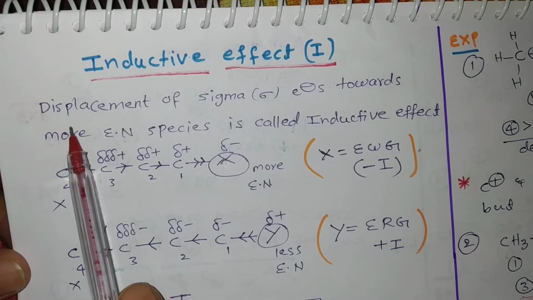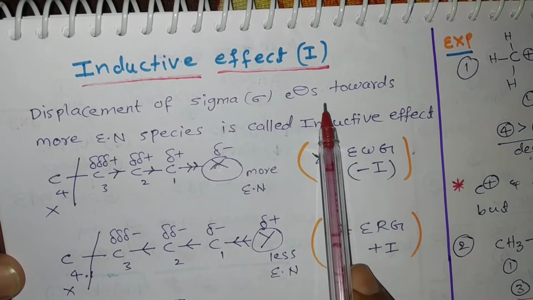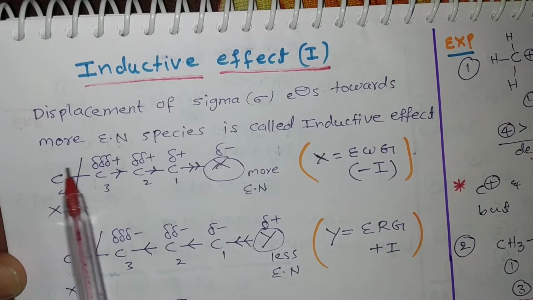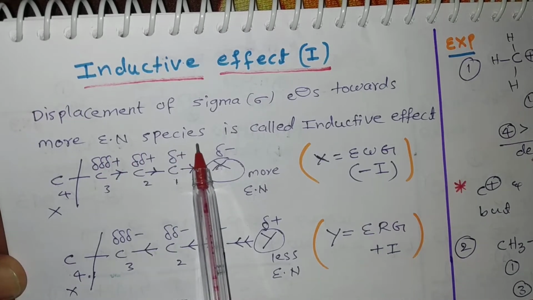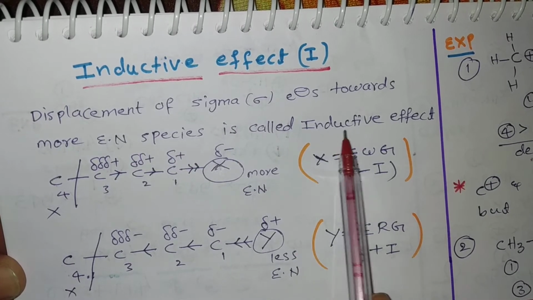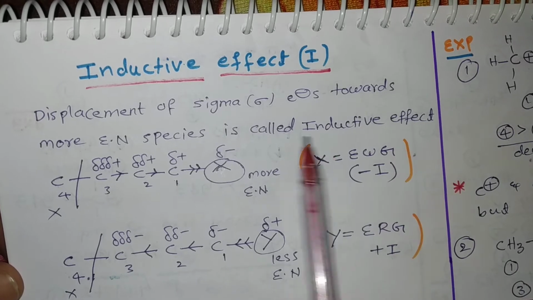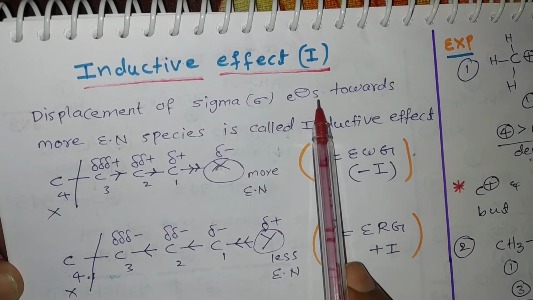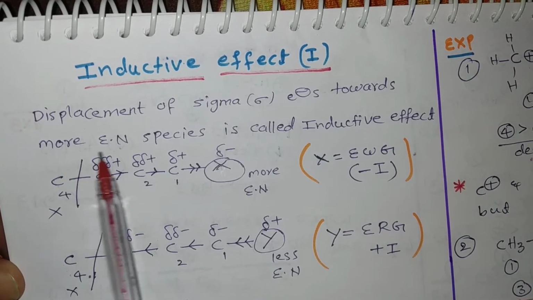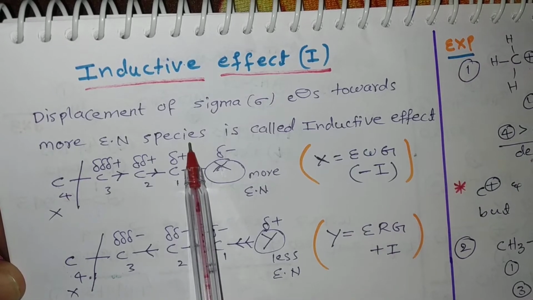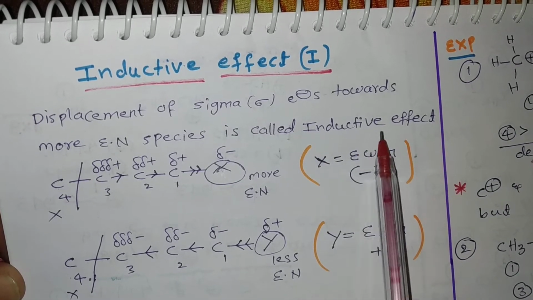Definition: displacement of sigma electrons towards the more electronegative species is called inductive effect. It means the sigma electrons are attracted by the more electronegative species.